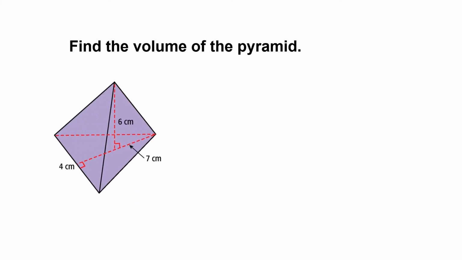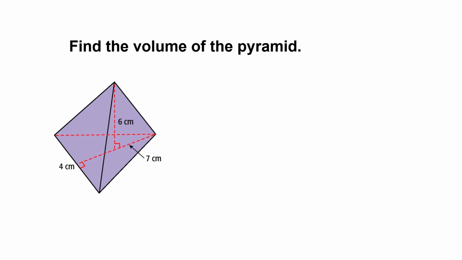Find the volume of this pyramid. What do you notice about the base of this pyramid? Yes, it is a triangle. But what type of triangle is this? That's right, it is a right angle triangle.